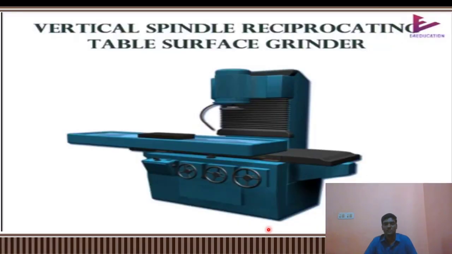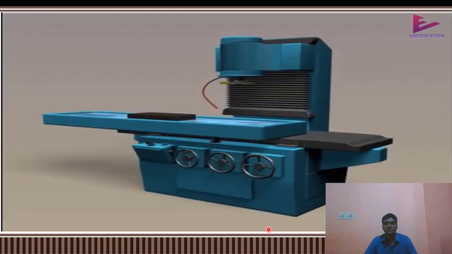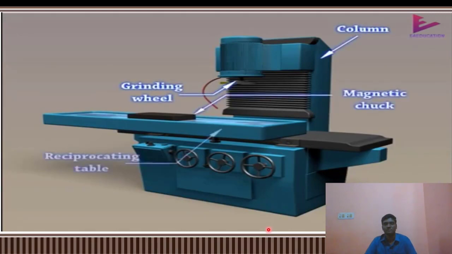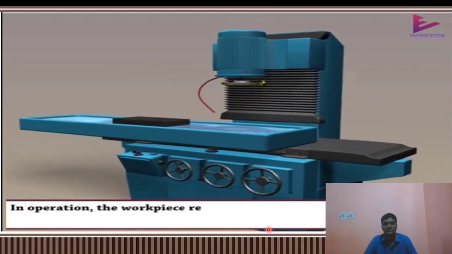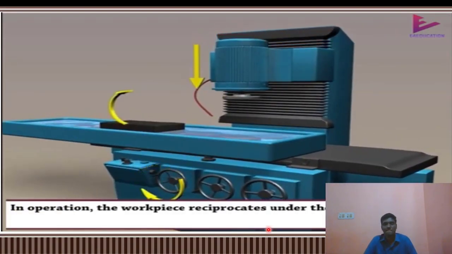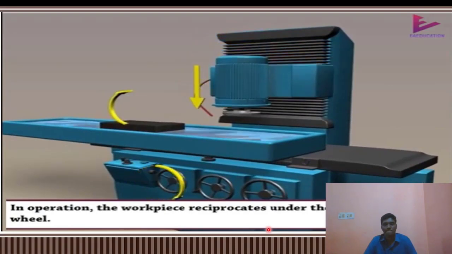Vertical spindle reciprocating table surface grinder. Let us see the 3D model of the vertical spindle reciprocating table surface grinder. It has column, grinding wheel, magnetic chuck, reciprocating table, and base. In operation, the workpiece reciprocates under the rotating grinding wheel.